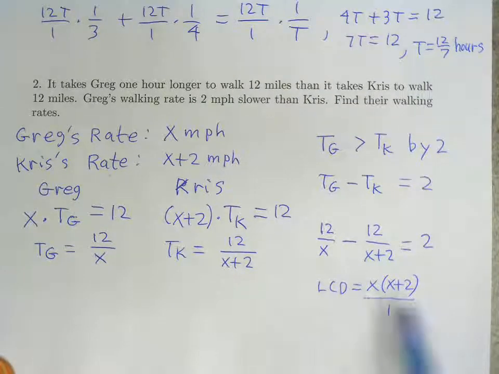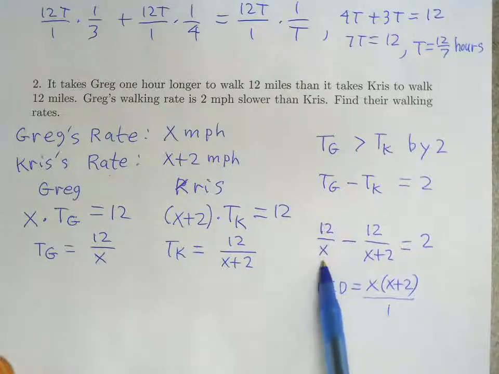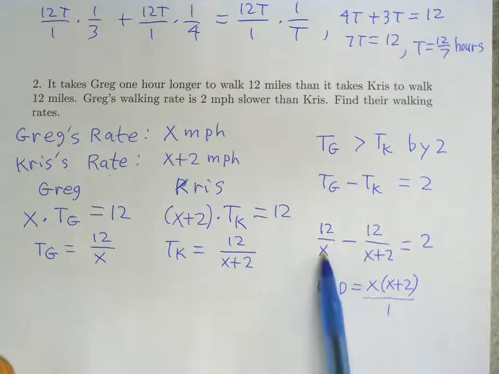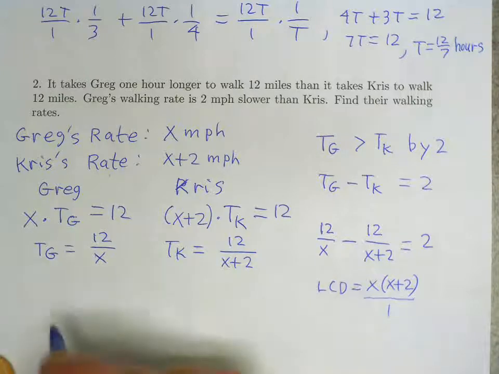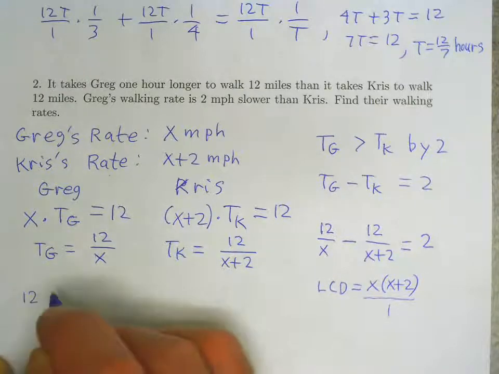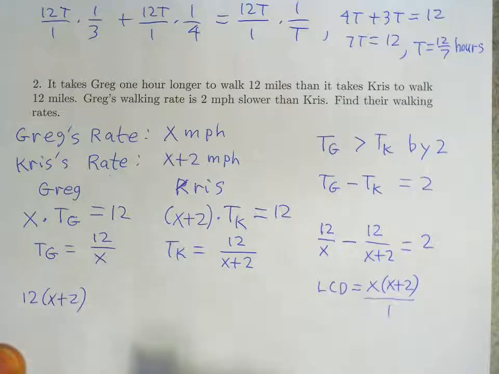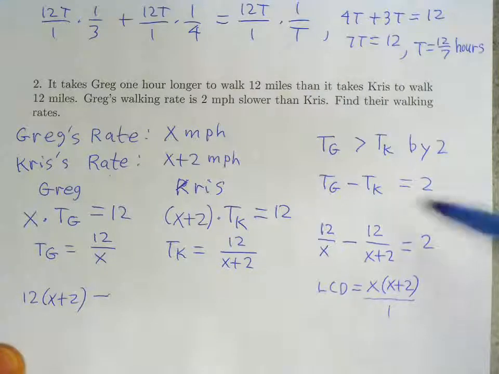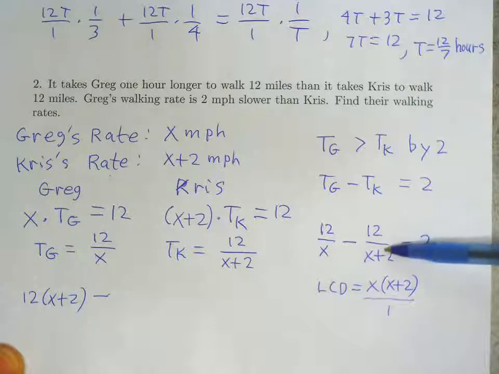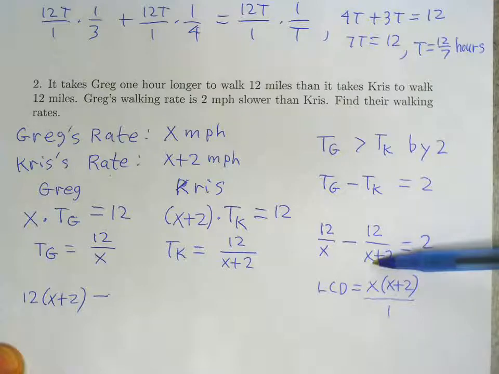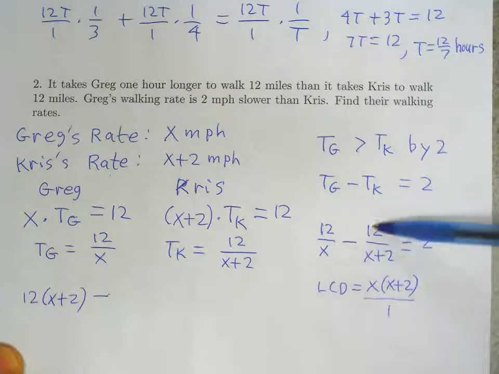We'll do a little bit of shortcutting. When we multiply 12 over x times x plus 2 over 1, the x's cancel, and we'll just be left with 12 times x plus 2. And then minus, when we multiply 12 over x plus 2 by x times x plus 2, the x plus 2 factors cancel, and we'll just be left with minus 12x.